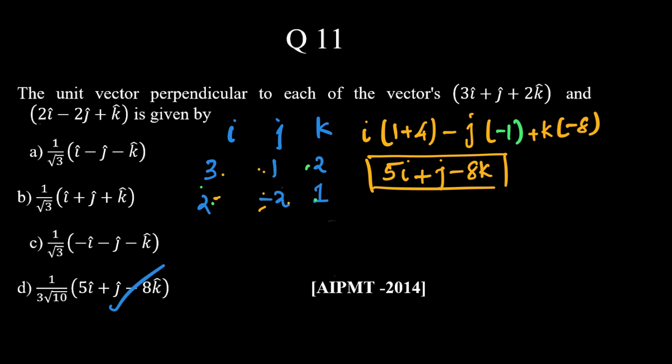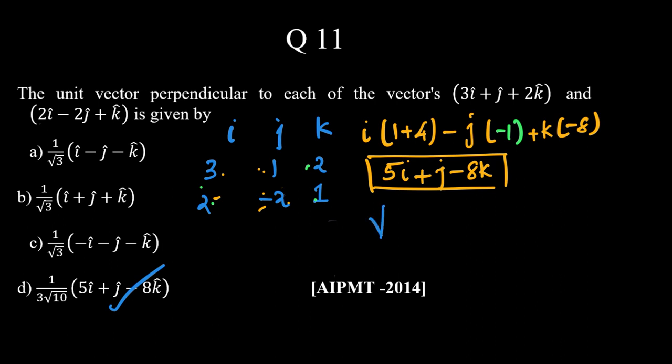But please don't stop here, because if we calculate the magnitude, there is no probability that any of the terms will get cancelled here. So the only possible option, and in fact the correct option, is 5i plus j minus 8k. And what is the magnitude?